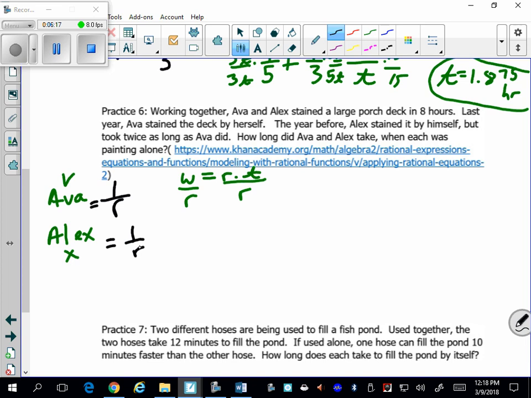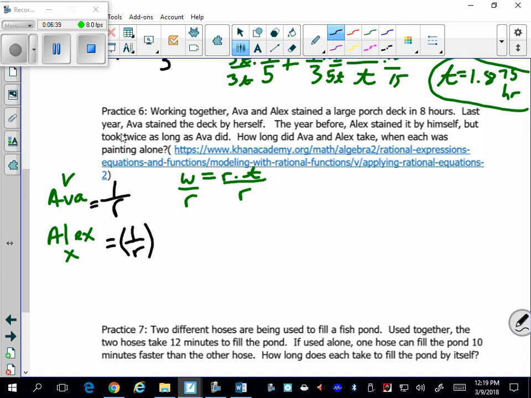But we do know that Alex stained it by himself, and it took twice as long as Ava did. So we're going to incorporate this into the formula. Alex is 2 times the rate of Ava. Let me back that up.